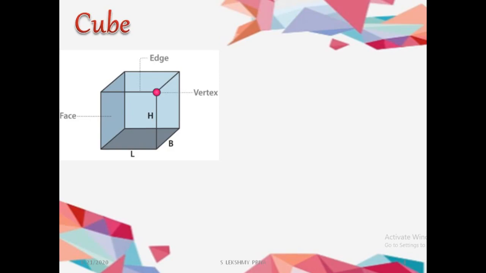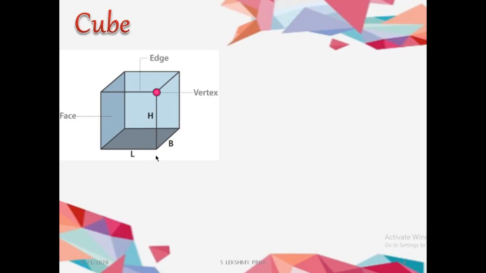So, a cube has 6 square faces, 12 edges and 8 vertices. This is the length of the cube, this is the breadth, and this is the height of the cube. We know all the faces of a cube are squares. Square means all the sides are equal.